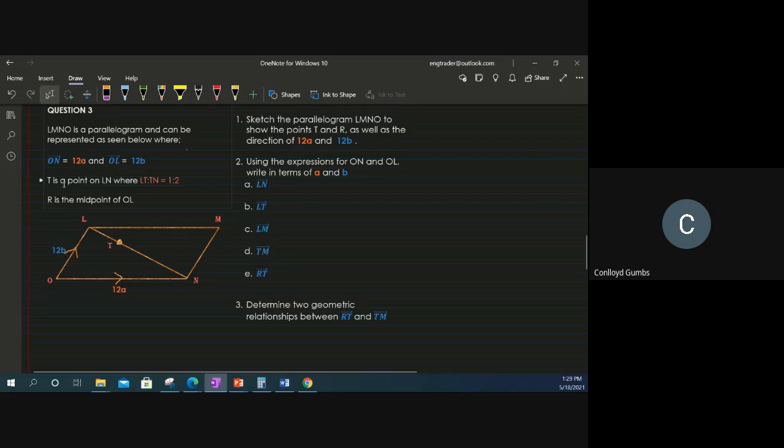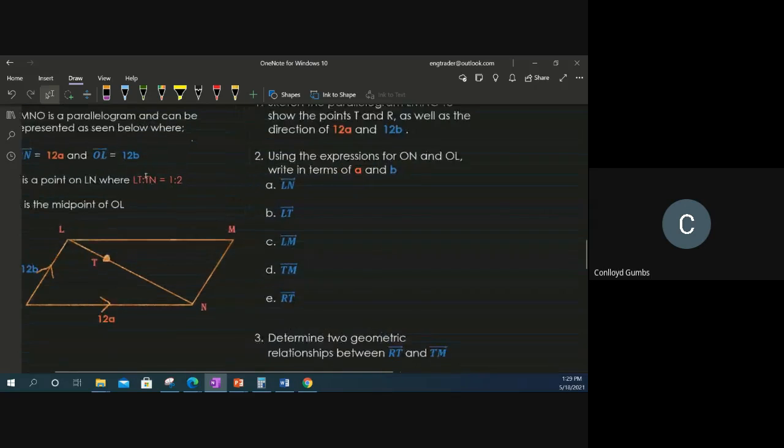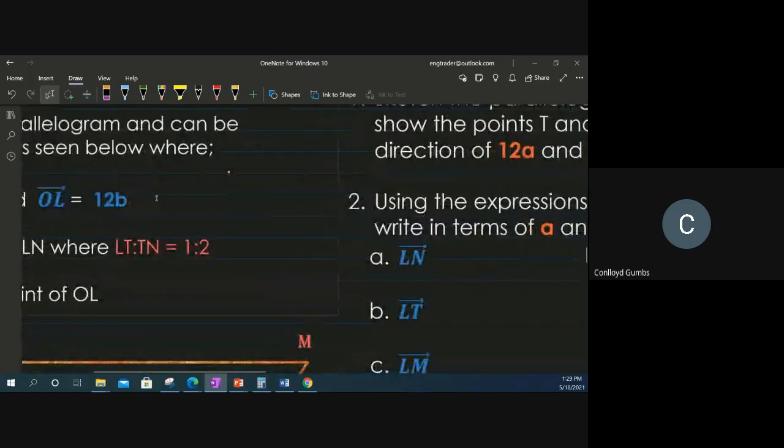Now we're saying that T is a point on LN where LT to TN is in a ratio 1 to 2. Remember our famous example of how we do this. We use chairs. This represents LT and TN.